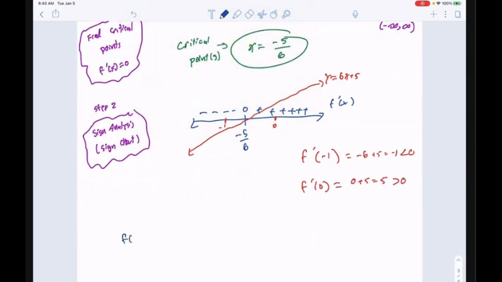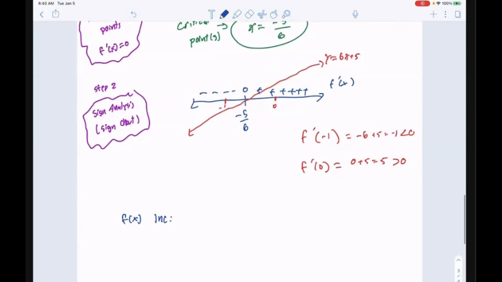All right. So f of x is increasing when? Isn't it negative 5 over 6, comma, and then positive infinity?